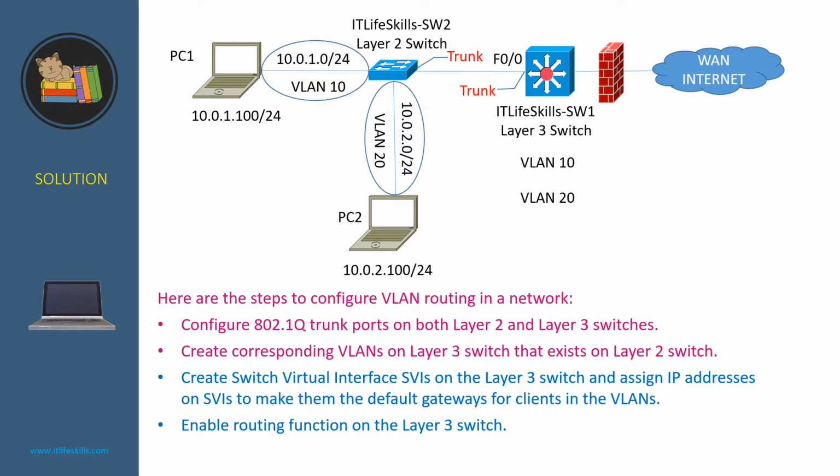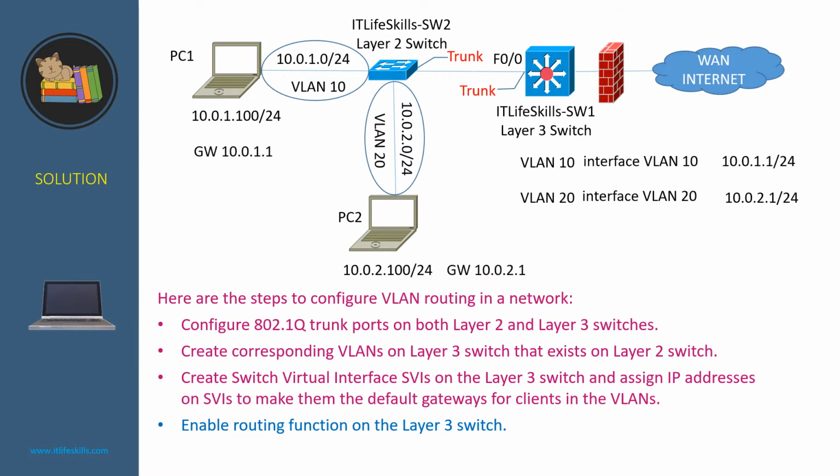After that, we need to create switch virtual interfaces on the layer 3 switch and then assign IP addresses on the switch virtual interfaces to make them the default gateways for the clients in the VLANs. Finally, we need to enable the routing function on the layer 3 switch.